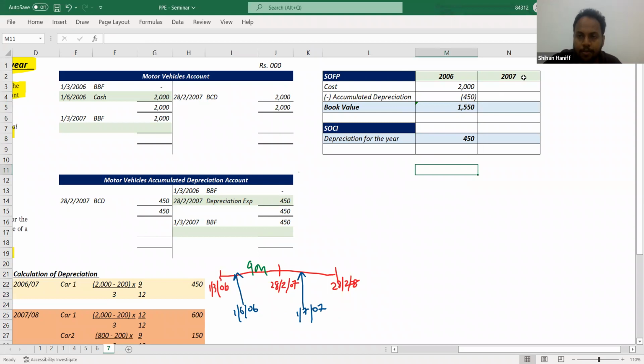Then the second year, 2007-8. This is 6-7. This is 7-8. Depreciation is 600 plus 150, total 750 depreciation.